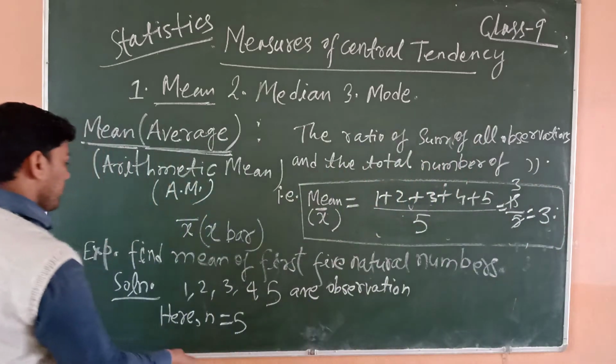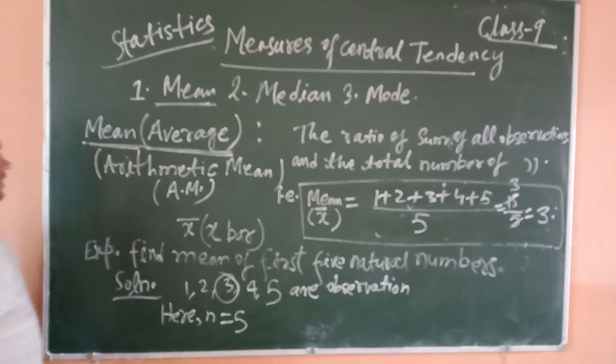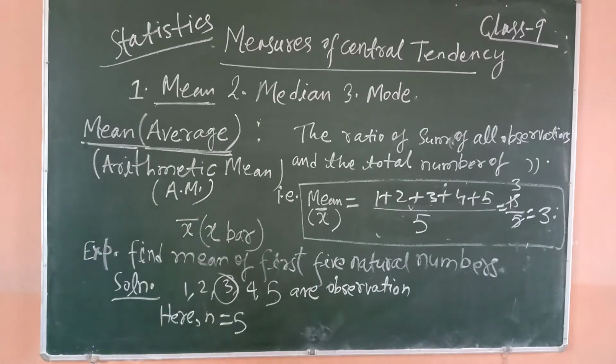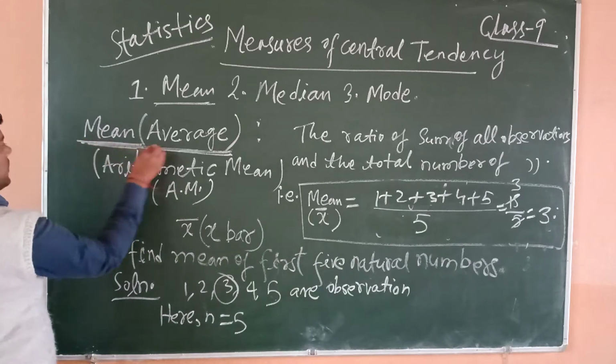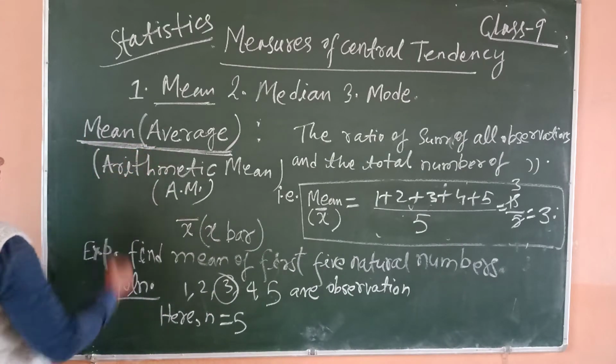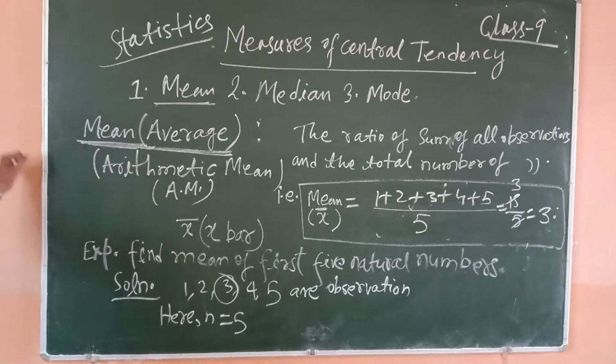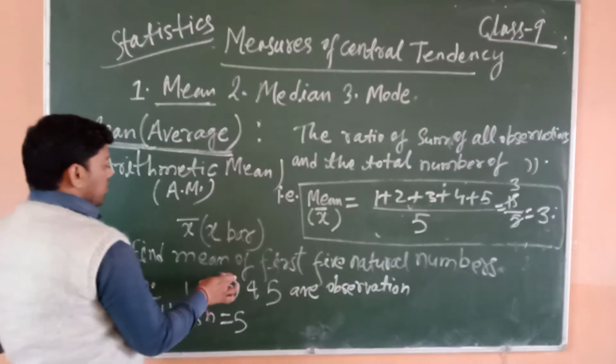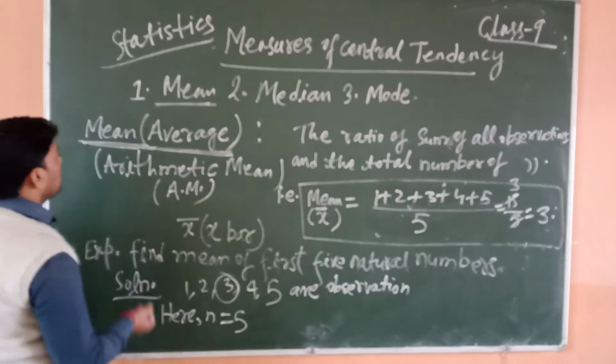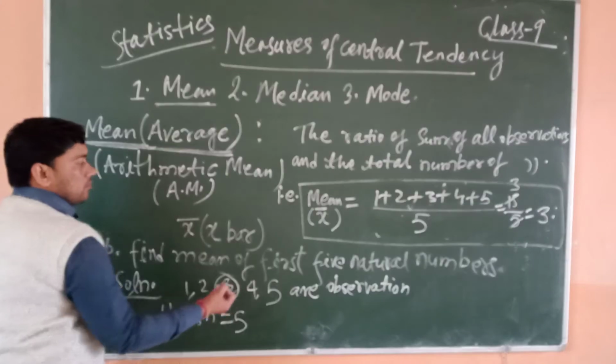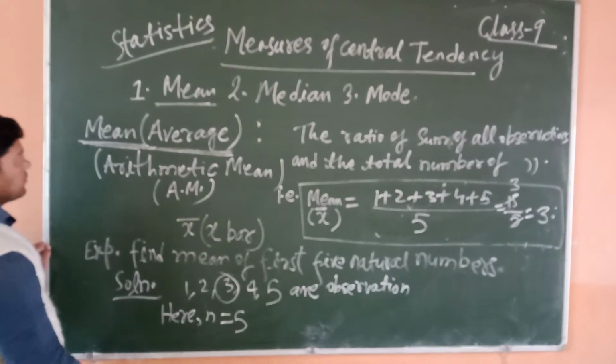See, 3 is the middle value or middle term. So mean means middle value of the observations, sometimes the middle term, but not always.